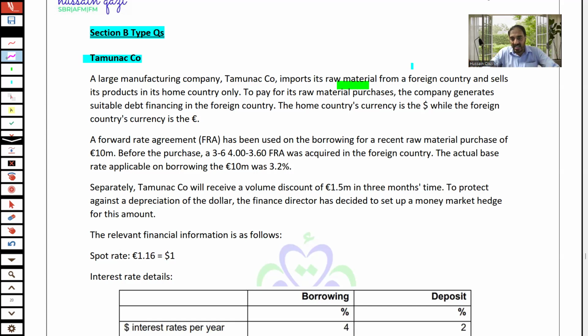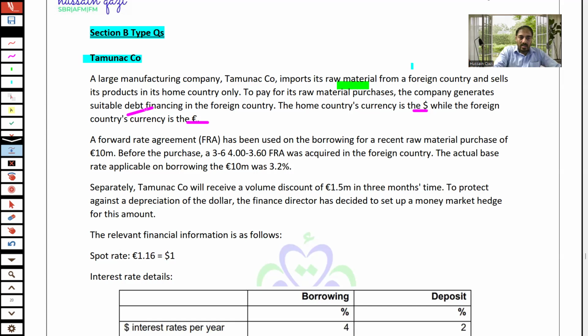The home country currency is dollars, while the foreign country currency is euro. So apparently the first para reflects that this is a question about foreign exchange risk management. But there is also a hint about some debt finance as well.